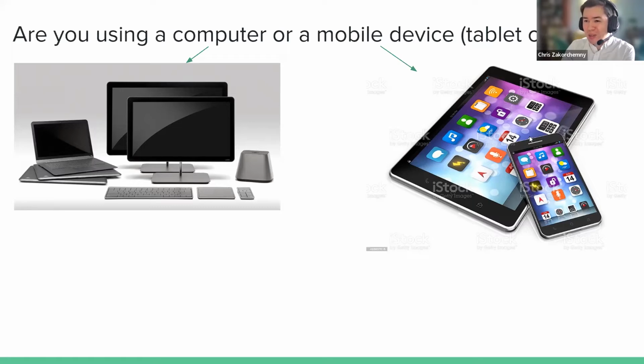I feel like this is usually the way it goes. The teachers have the computers and the students have the mobile devices. I think I saw a study that most adults overwhelmingly access the internet through a mobile device, usually their phone.